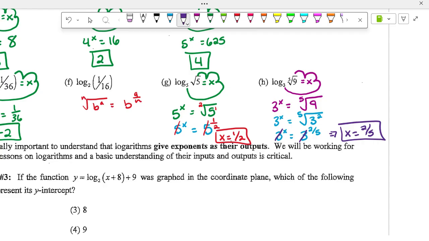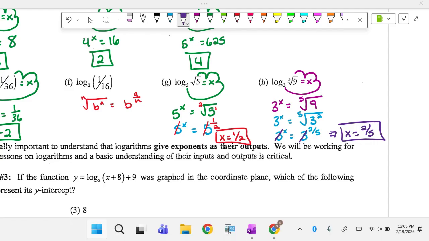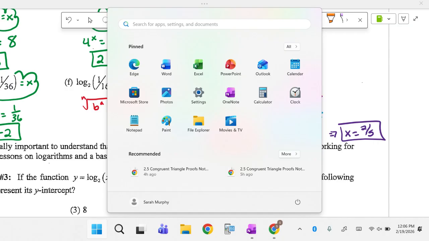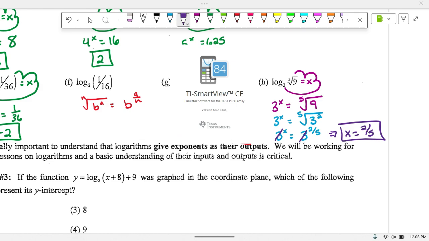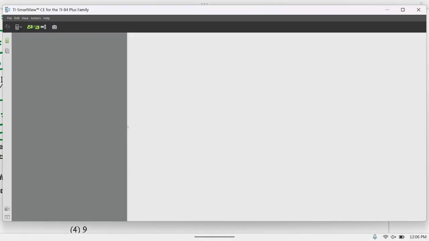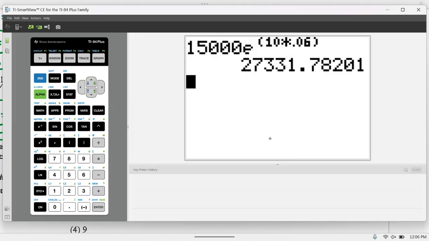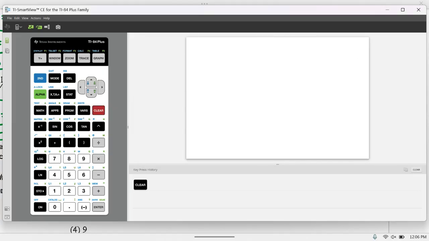Now, you can also evaluate a log in your calculator. So let me just show you how you would do that. Now, here's the thing when it comes to logarithms in your calculator. There is a log key on your calculator. However, if the log has a numerical base, meaning it has that little subscript number, you cannot use this key.